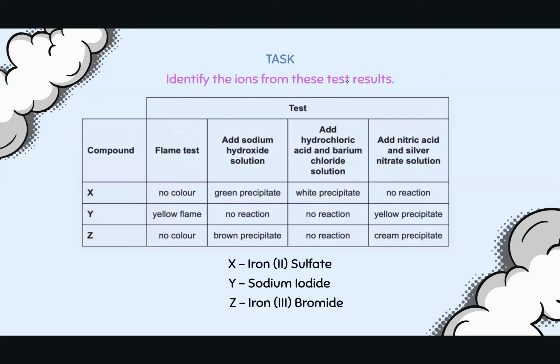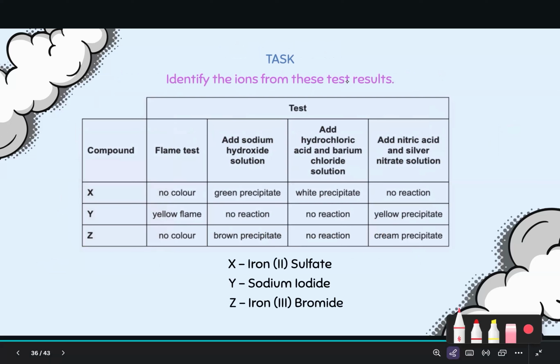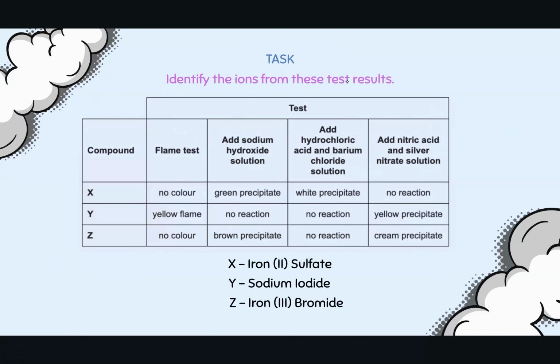So let's have a look at this question. My apologies, the answers are already there. So let's look at each compound. We've got compound X. From the flame test, there's no color. When we added sodium hydroxide solution, it became a green precipitate.